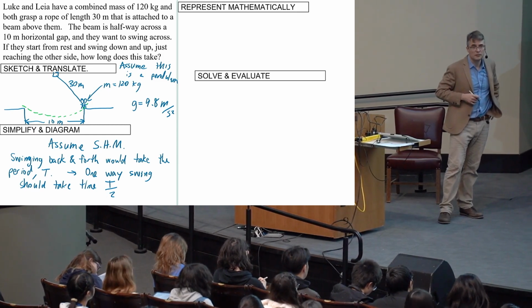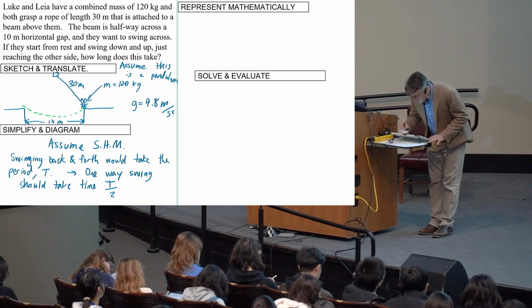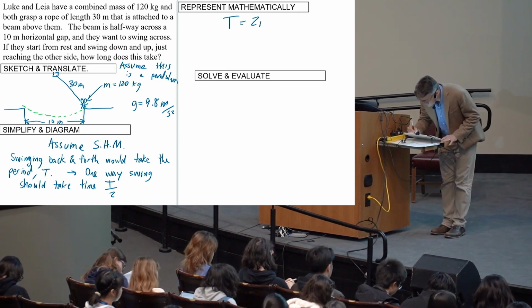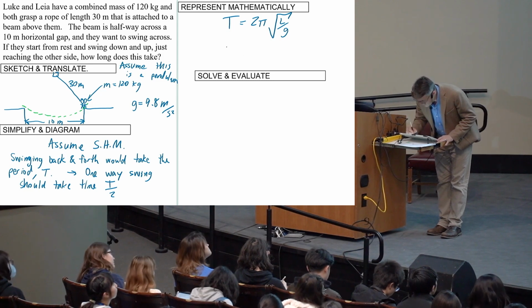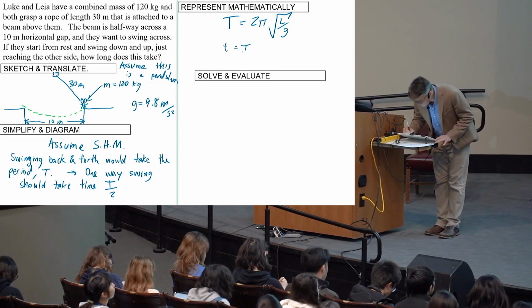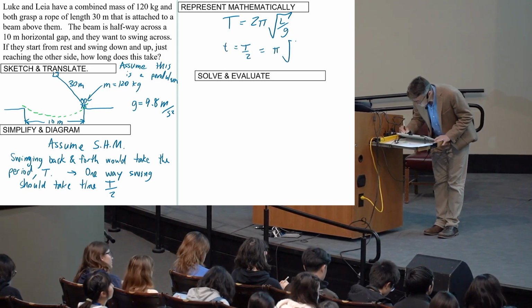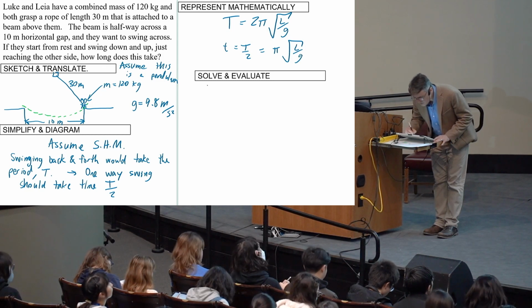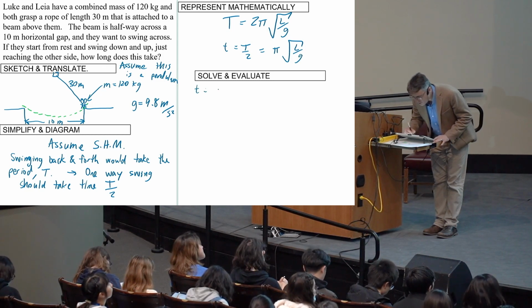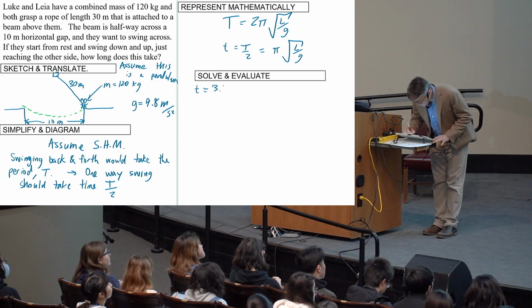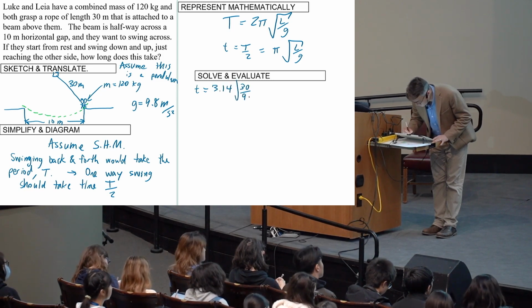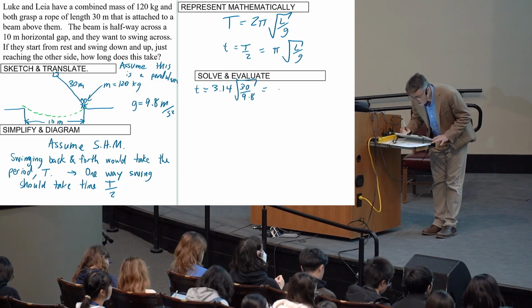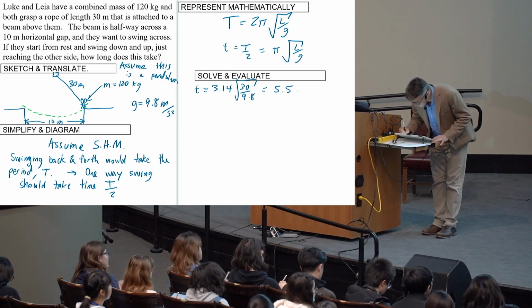That's the idea. It's 2 pi square root L over g, and then the time is T over 2, so it's pi square root L over g. So T is equal to 3.14 times the square root of 30 meters divided by 9.8, and I got 5.5 seconds.